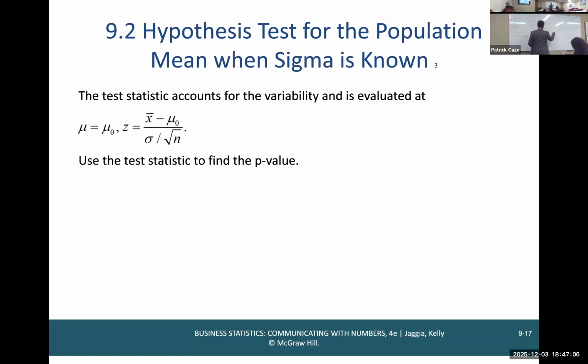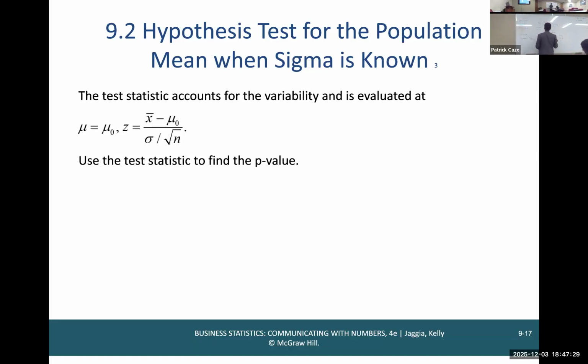So here, what's my sample mean? My sample mean is 14. My null mean is 12. My significance level, alpha, is equal to, let's just say, 0.05. And what's my n?